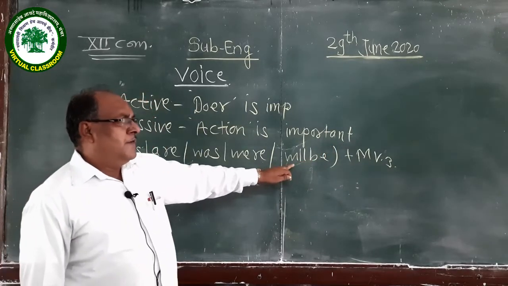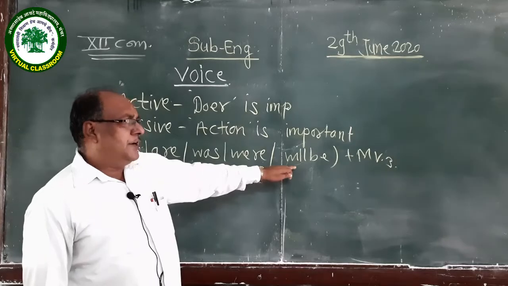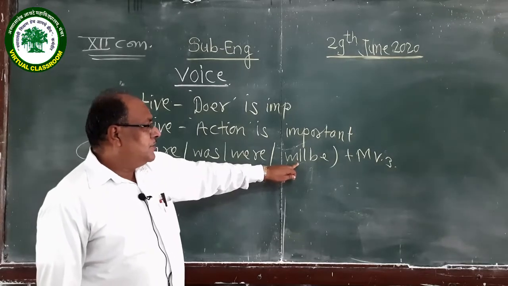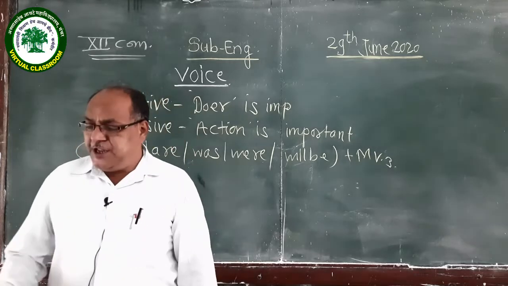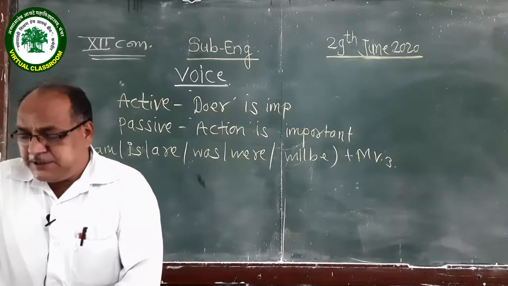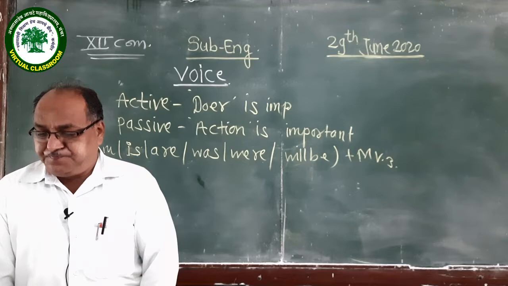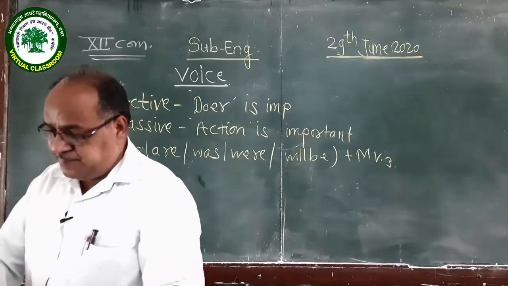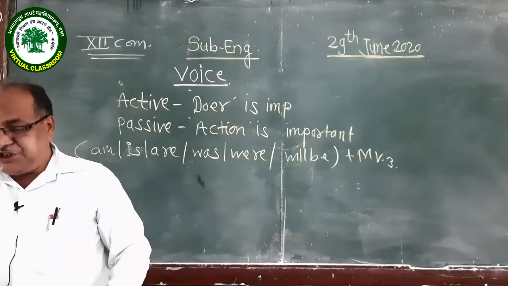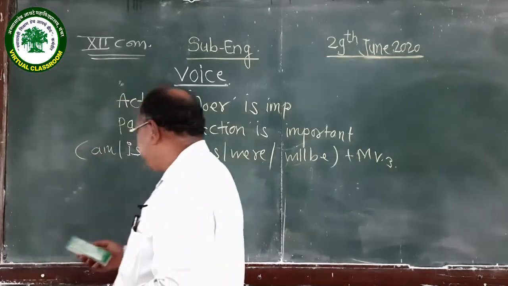Or for a simple future tense sentence, while transforming into passive form, use will be and then use MV3, the past participle of the verb. So, with the help of this rule, we can change active into passive voice.